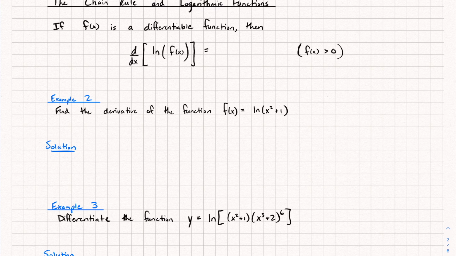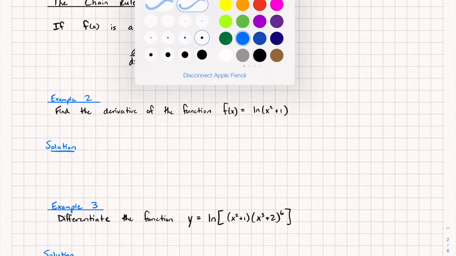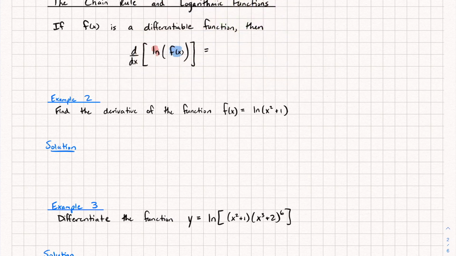So what that would look like then is if this is what I'm trying to derive, f represents the inside, and ln represents the outside. So when I take this derivative, the derivative of ln would tell me to do 1 over x. Well, that x again represents whatever's on the inside, in this case f of x.